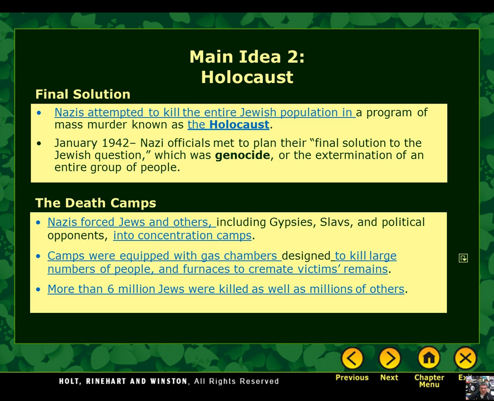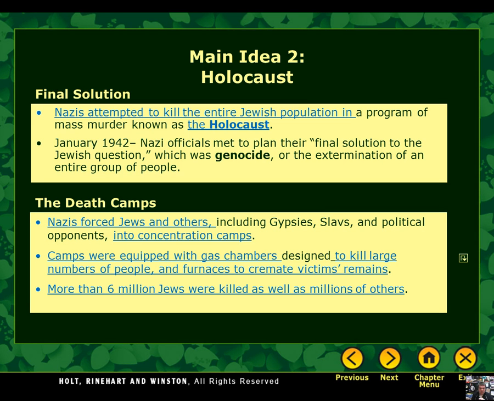And so as the American soldiers and Russian soldiers started pushing towards Germany, they started to see these concentration camps that the Nazis had forced Jews, Gypsies, Slavs, and other political opponents into. They started to see these camps that were equipped with gas chambers designed to kill large numbers of people, and furnaces to try and cremate the victims' remains, to eliminate any evidence that this took place.